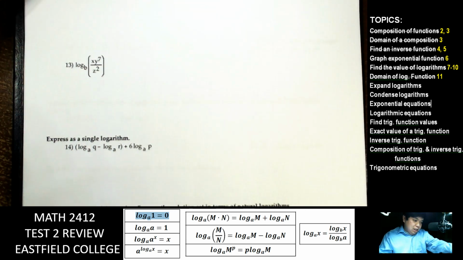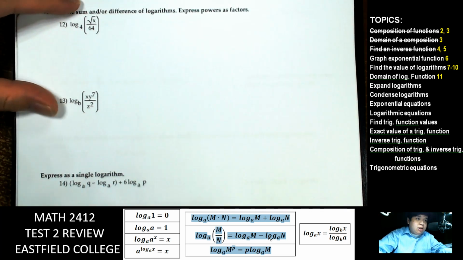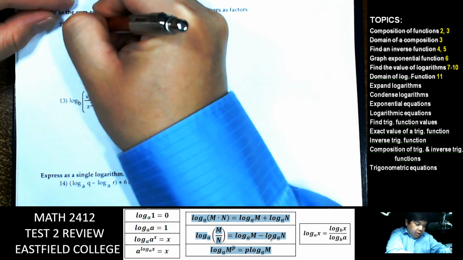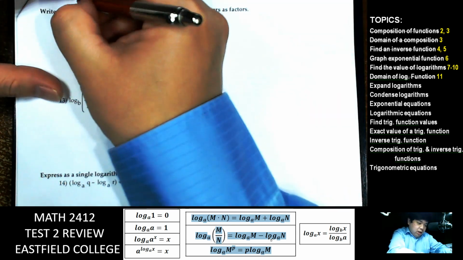Next, we expand the logarithms. To do that, we use these formulas in the middle here. So first, for the log of this one, we write a sum or difference, meaning this one is expanding.